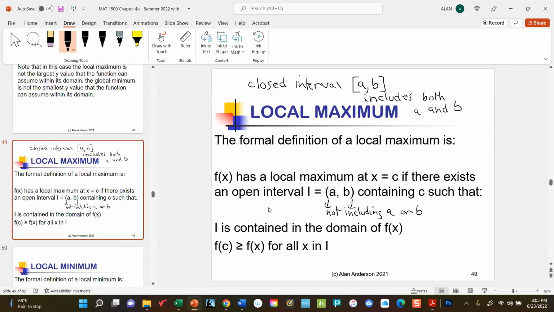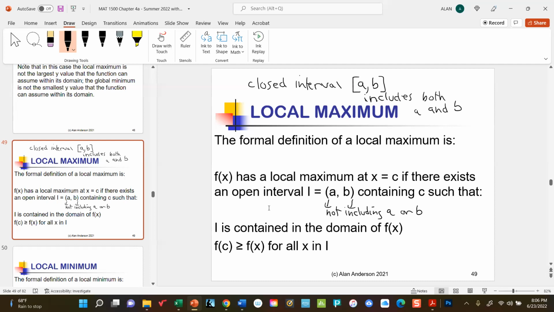Because some of the properties we'll see are only true over an open interval, and sometimes only true over a closed interval. If one of the endpoints here is infinity, we don't use the square brackets for infinity. We always use the round parentheses.